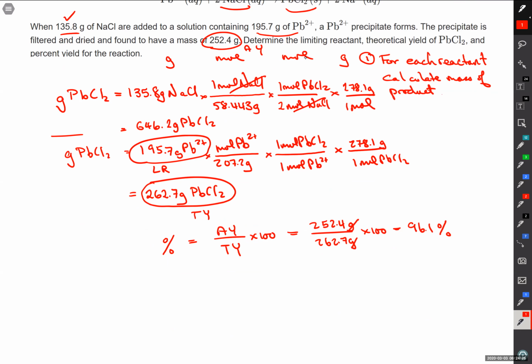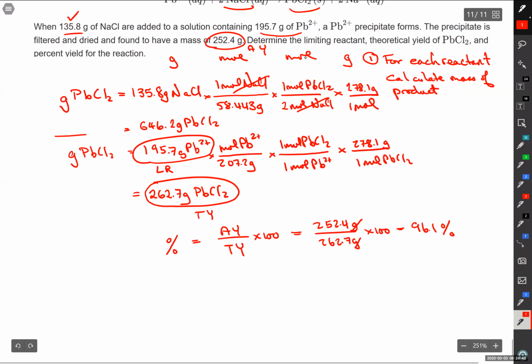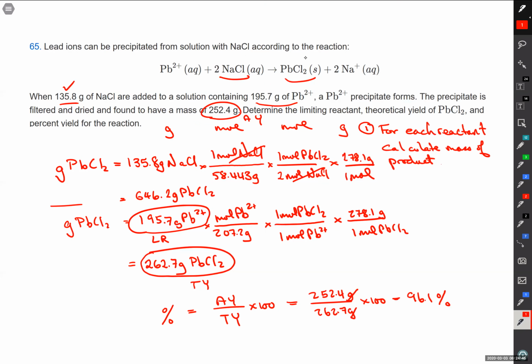Right. So you just have to remember that on either end, it's a gram to mole conversion or a mole to gram conversion. It's either divide by molar mass or multiply by molar mass. And when you're in the mole form, all you deal with is the mole ratios in the middle.